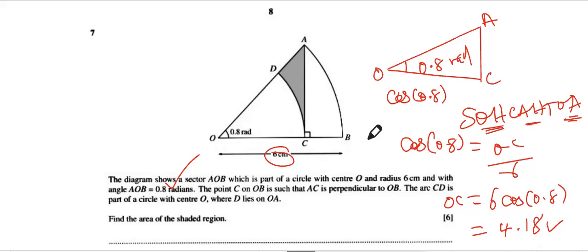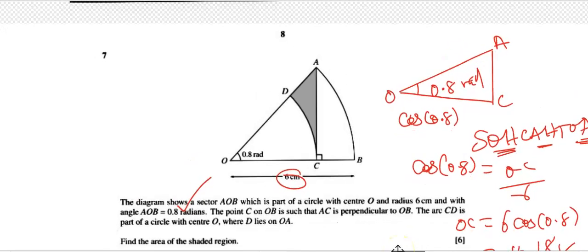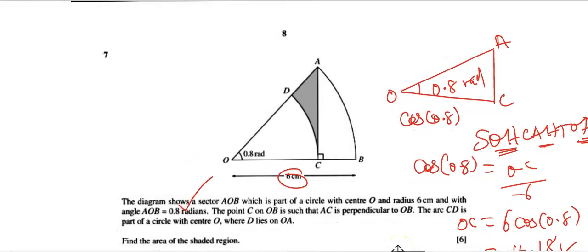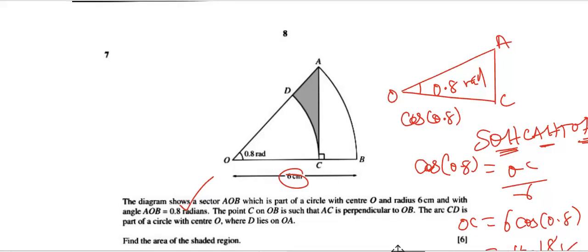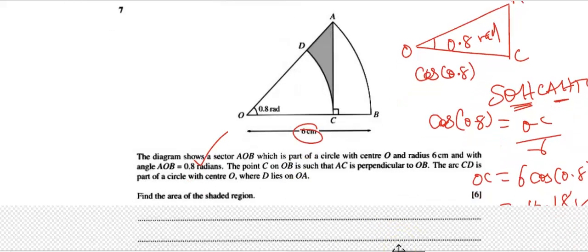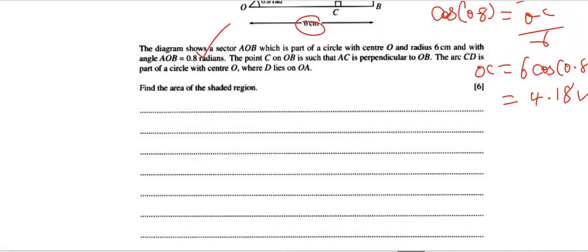Now we can look at the triangle OCA. We know the formula of finding the area of a triangle.